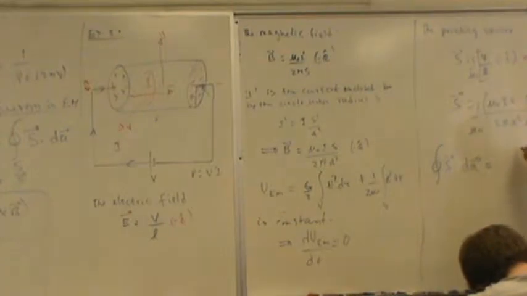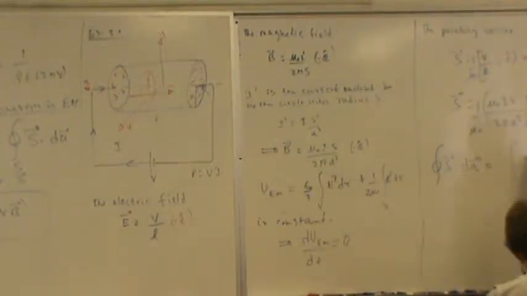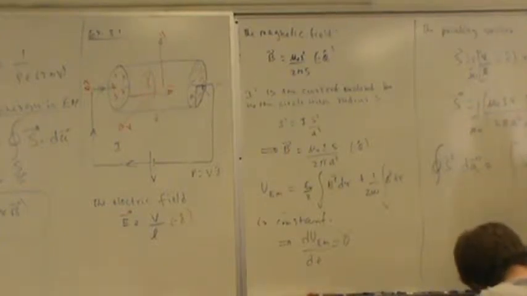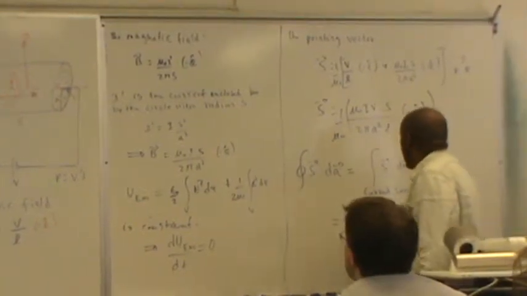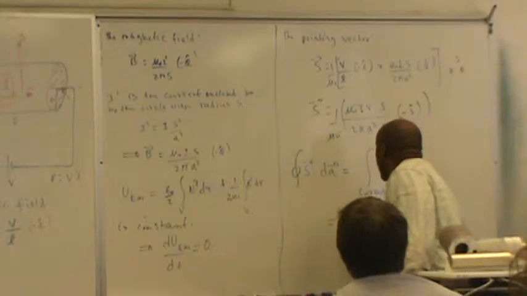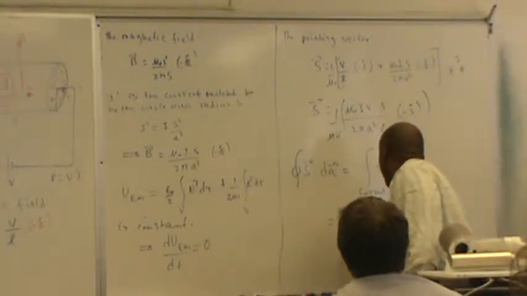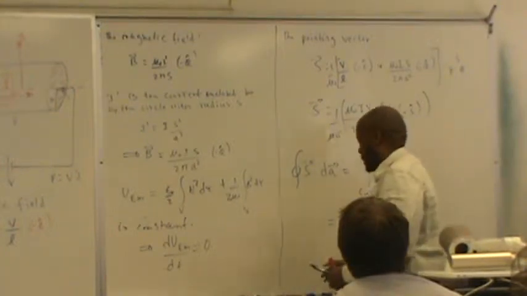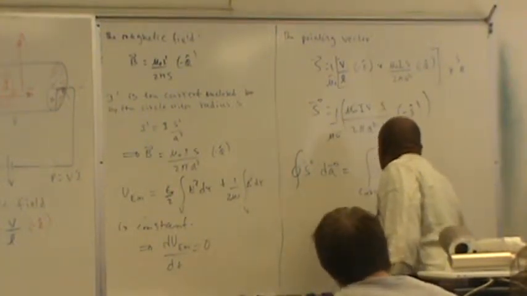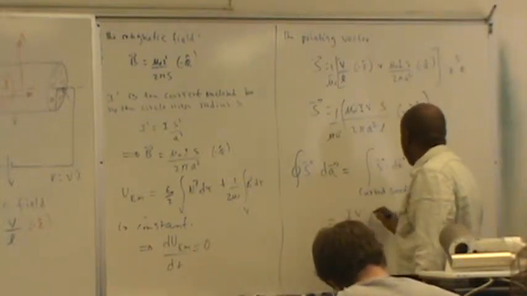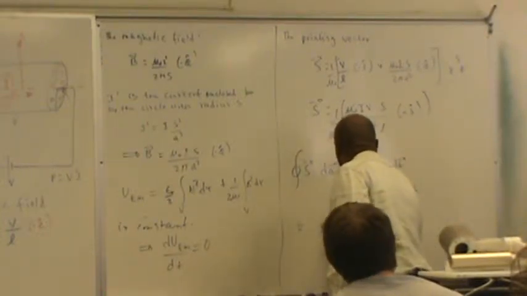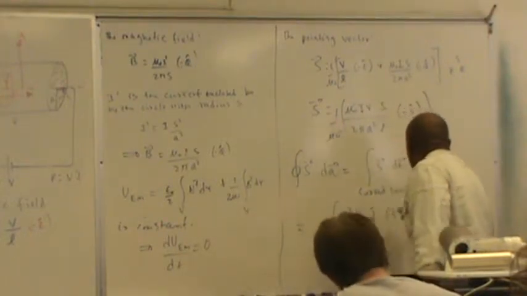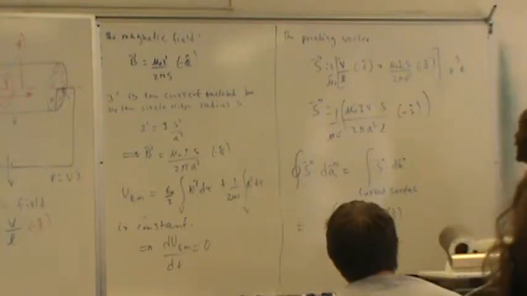So what you'd have is going to be the integral of S dot dA for the curved surface, and that would give you, so mu naught cancels, which is a good thing, IV over 2 pi A squared L S minus S hat integral dotted. So what should I write for dA?